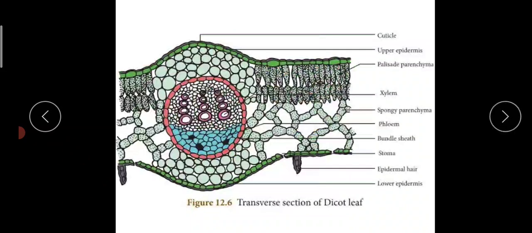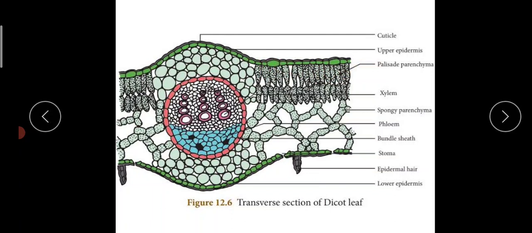Coming to the section of a dicot leaf, it is dorsiventral, that is, we can differentiate between the upper and lower sides. It has two epidermis, upper and lower, while in the case of stems and roots we didn't have that, only a single epidermis was there.